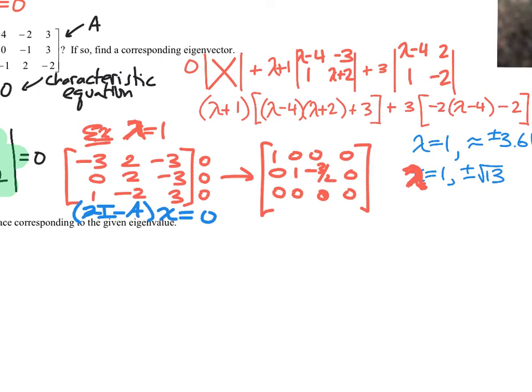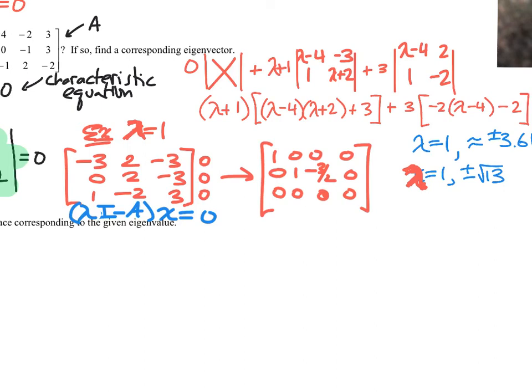Poor quality lambda, so let me fix that right quick. So lambda I minus A times x equals 0. So what we get as a result here is x equals.